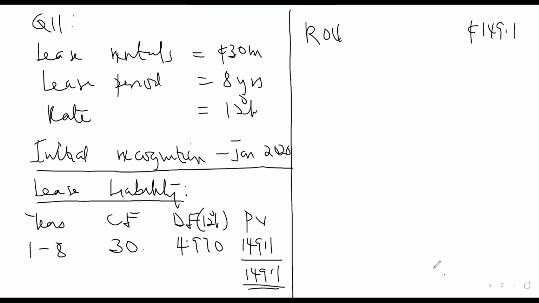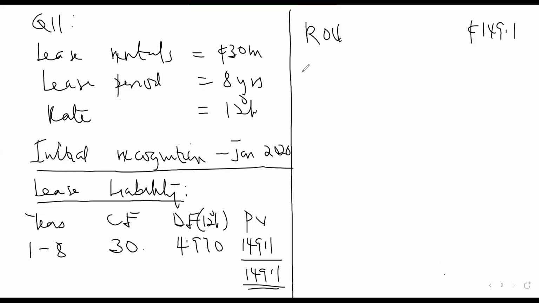Sometimes they can also tell you that the lessee has the right to decommission the asset at the end of the useful life. How do we deal with the decommission cost under IAS 37? You have to find a present value and add it to this one. Last time I told you that the right of use is accounted for in line with what?